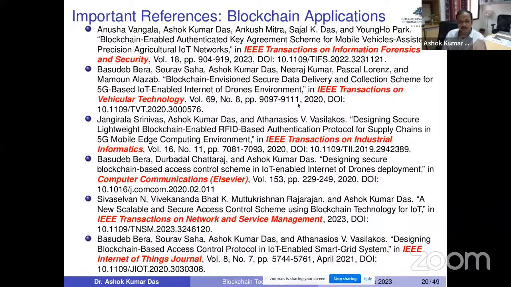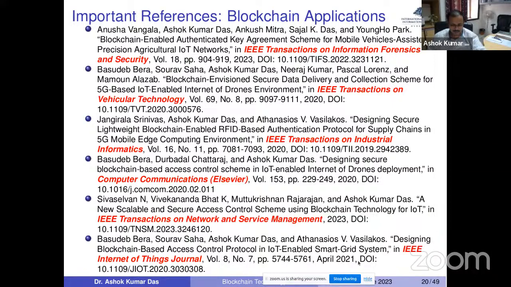And these applications we are going to discuss in this session. Apart from that, it is possible to apply blockchain technologies in the supply chain. We also applied blockchain technologies for Internet of Things deployment using access control mechanisms. We have also used blockchain in IoT enabled smart grid systems to secure the smart grid.